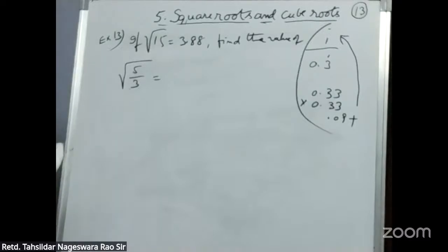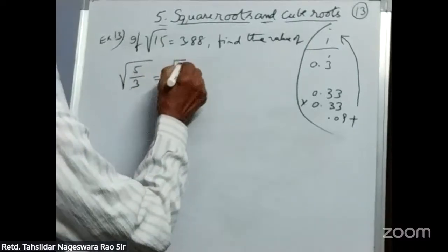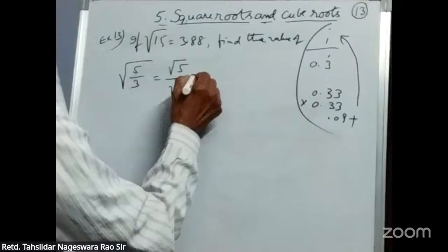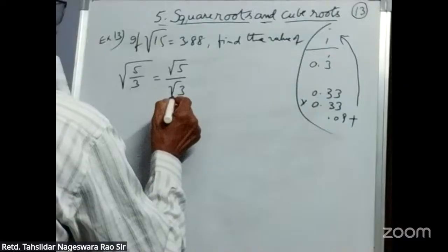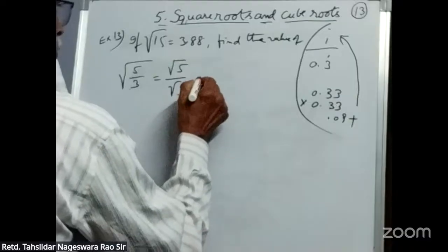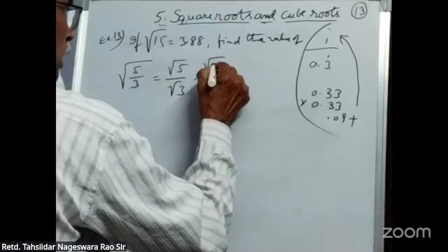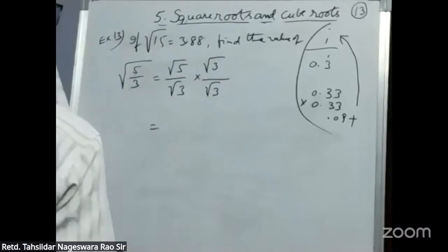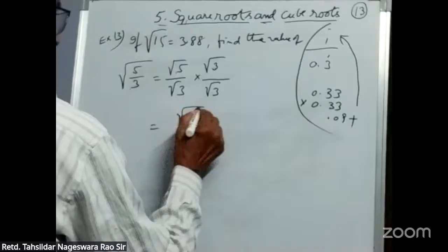In similar examples, we have to multiply so as to eliminate the denominator. Always try to multiply to convert to integers. Root 3 should be multiplied by root 3 only. So numerator and denominator should be multiplied by root 3. Root 5 into root 3 is root 15.